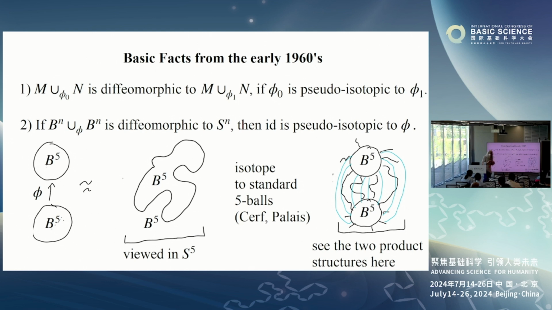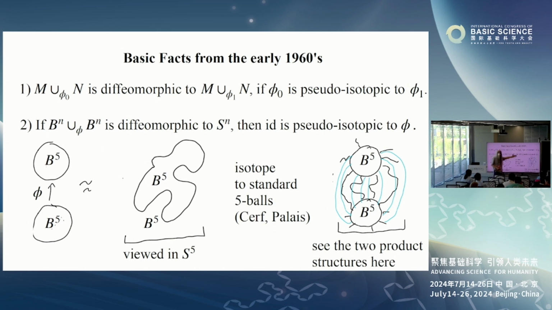So there's this basic fact of Cerf and Palais that if you have two parametrized n-balls, then you can ambient isotope one to the other. So the point is, this 5-ball on the bottom, you could just isotope it back to the standard 5-ball, and the one on the other side to the other standard 5-ball.